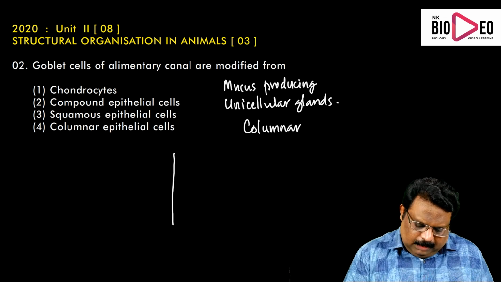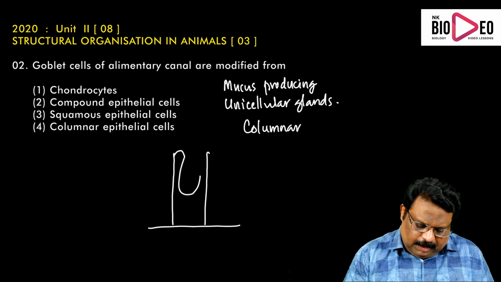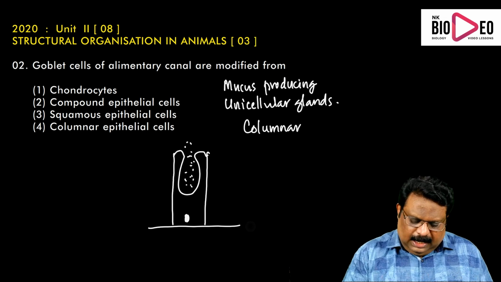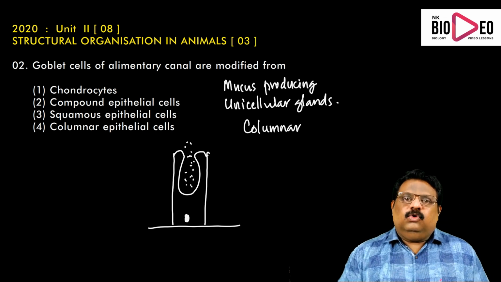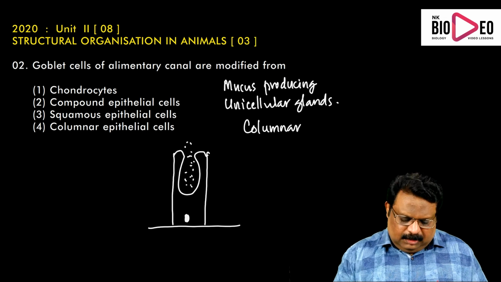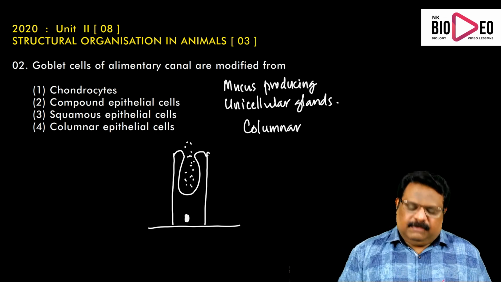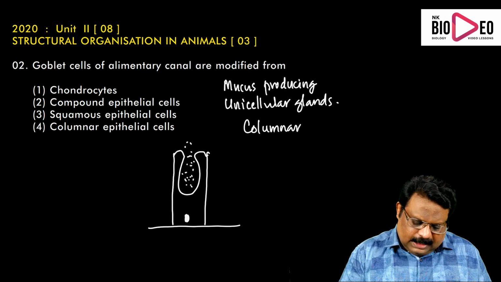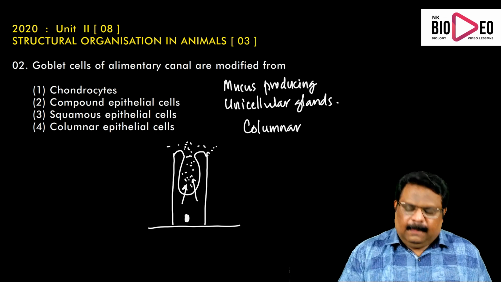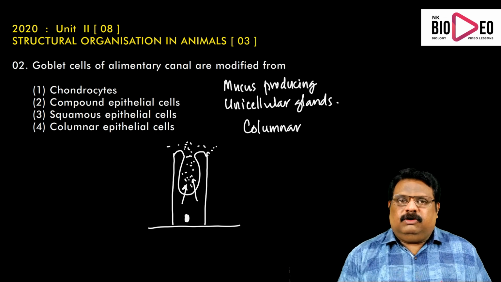Actually, this is a columnar epithelium, elongated pillar-like cells, and these are modified producing some mucus. It's a columnar cell. And this mucus is used as a lubricating agent. Okay, and they are present throughout the alimentary canal, on the inner surface of alimentary canal. These type of columnar cells are producing mucus, and the mucus will be lubricating the passage of food material.